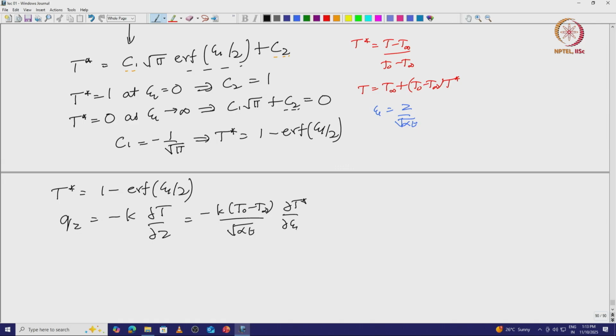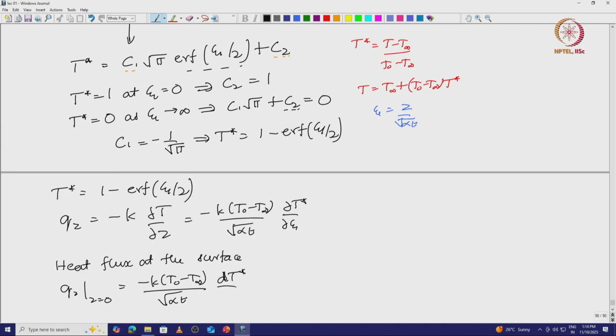So, this is the expression for the heat flux at the surface, which is q z at z is equal to 0 is equal to minus k into T naught minus T infinity by root alpha t d T star by d psi at psi equals 0.